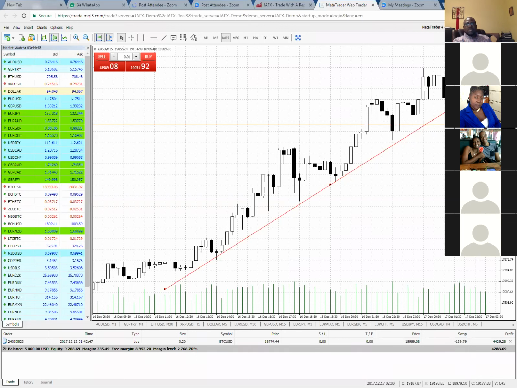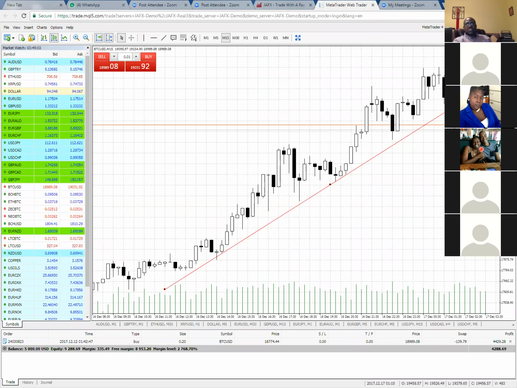And then they came in and bought it all the way back up, hoping it's going to go higher. But the majority of the buying had already dried up at this high.